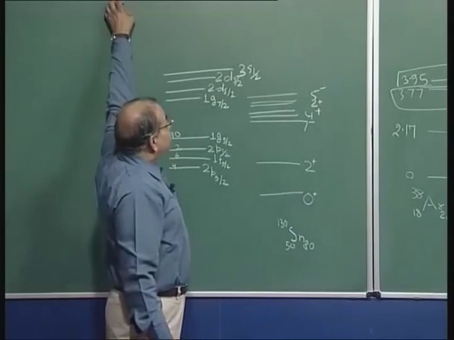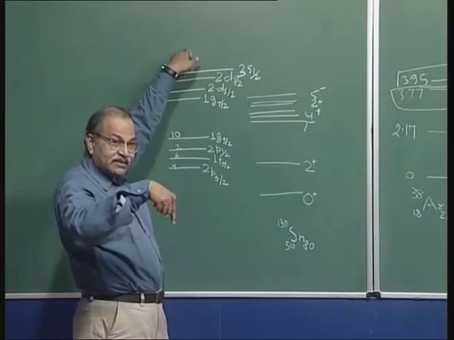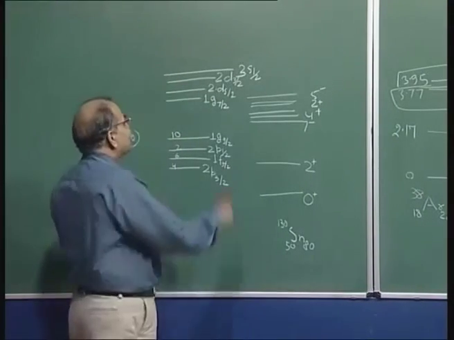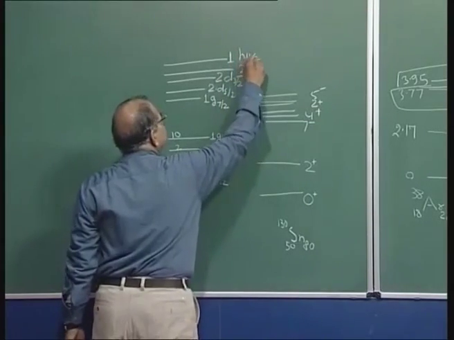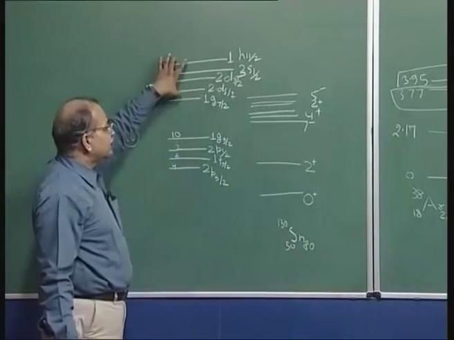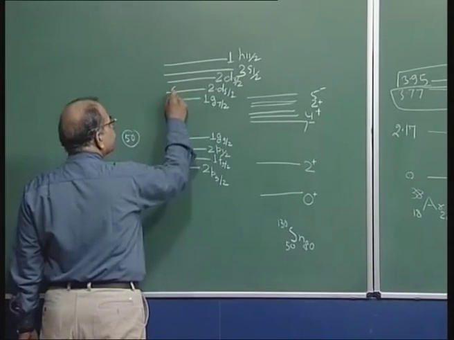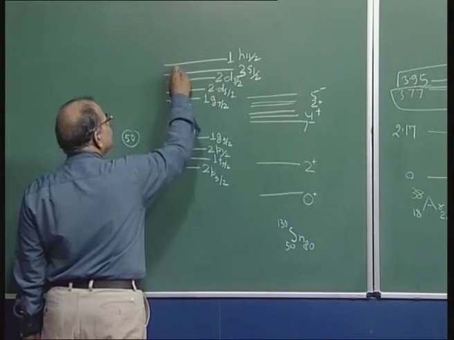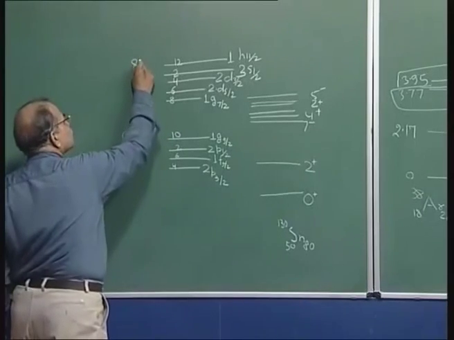And from the next one, this 1 series will come down, larger j value, so 1h 11 by 2. So, 1h 11 by 2 will come down. So, that will be next major shell. So, you have 8 plus 6, 14, 18, 20, 32, and 50 plus 32 is 82.